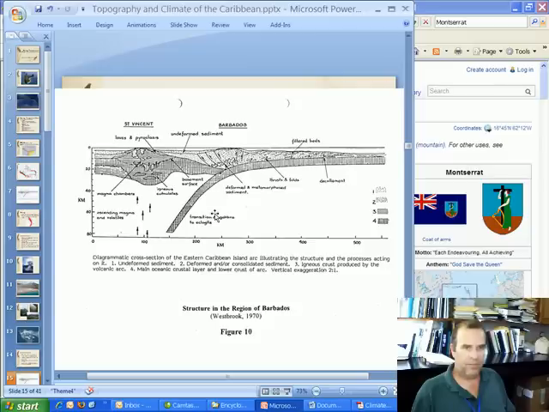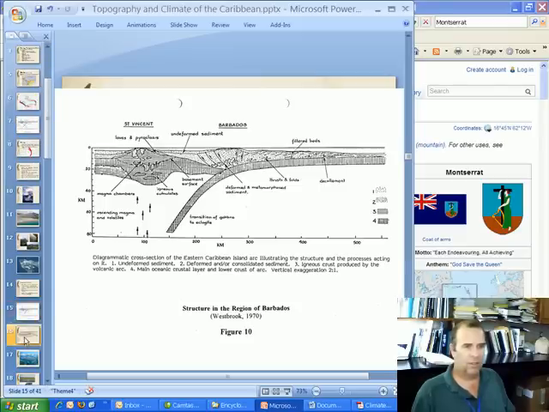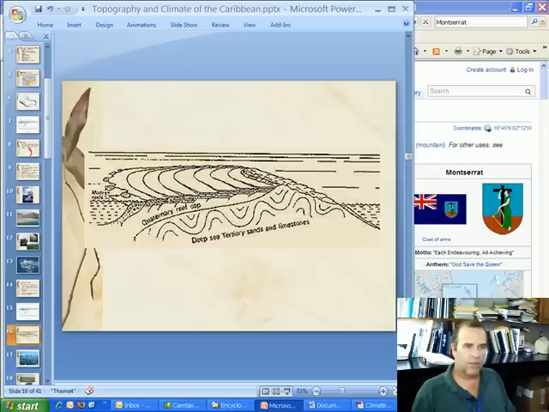Okay, again, this upwarped sediment compressed and made into a wedge which sticks above the ocean. And this is a cross-section view, so this is the surface of the ocean here, and here's the section through Barbados.